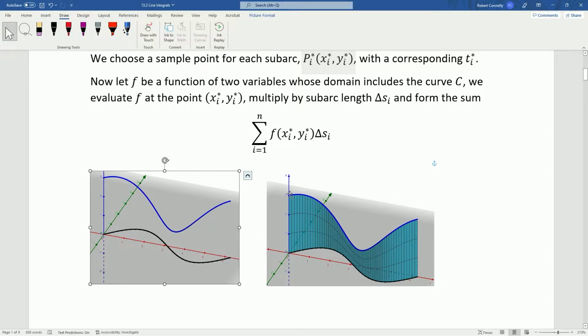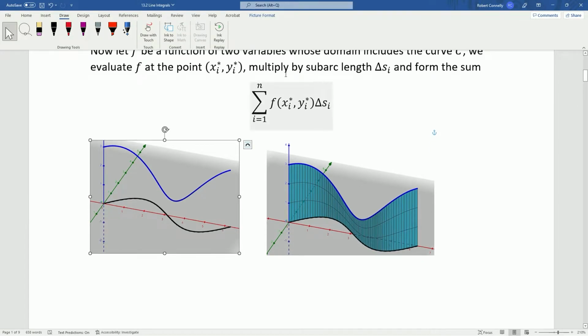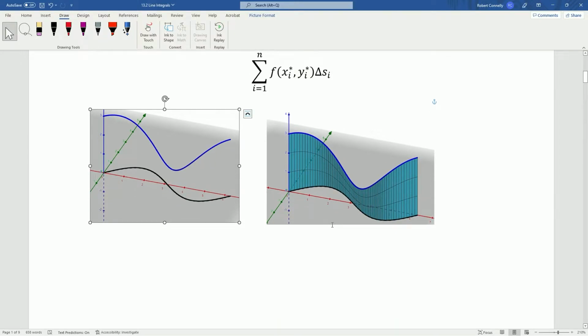And so we're cutting really small pieces out that look like little rectangles. And so the result of taking the limit of that sum is what we call the line integral. And you can see physically it represents calculating the area of this, let's call it a sheet in 3 dimensions, right? So the sheet that goes along this curve in the xy plane and follows under this f of x y here.